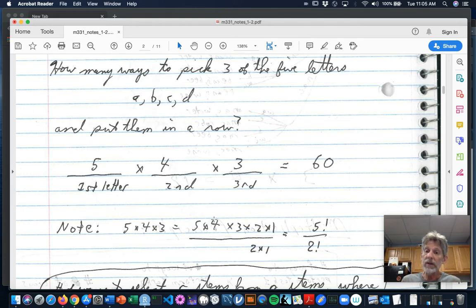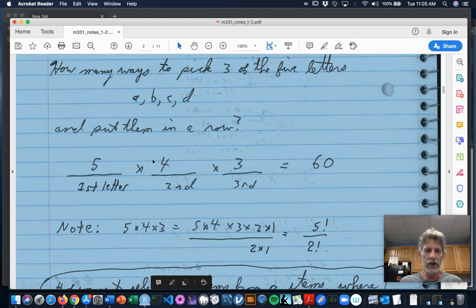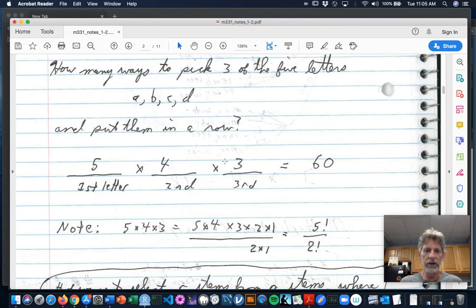I think probably the easiest thing at this point is to think of it as 3 tasks. Pick your first letter in your row, your second letter in your row, and your third letter in your row. And there would be 5 times 4 times 3 ways to do that, for a total of 60 ways.